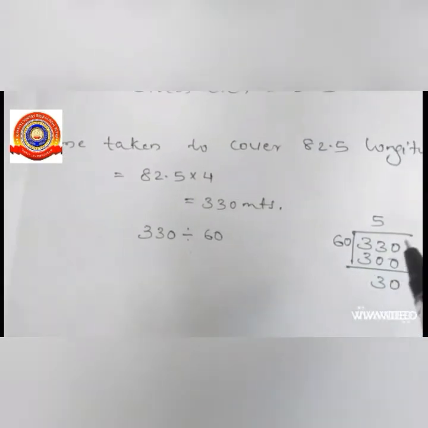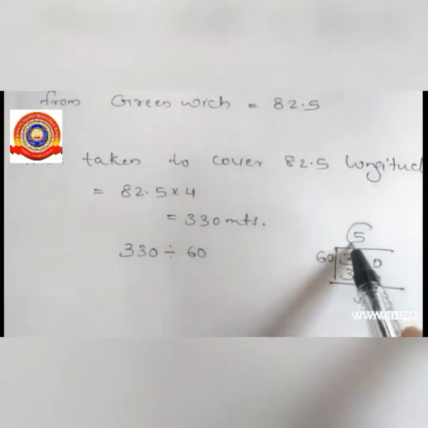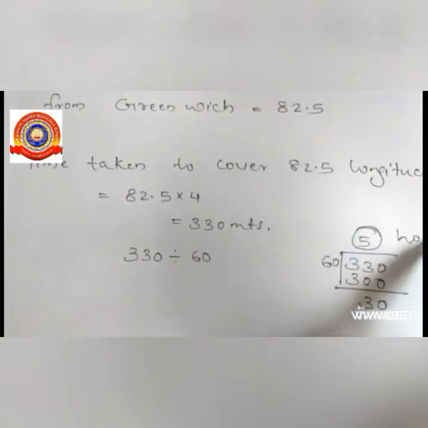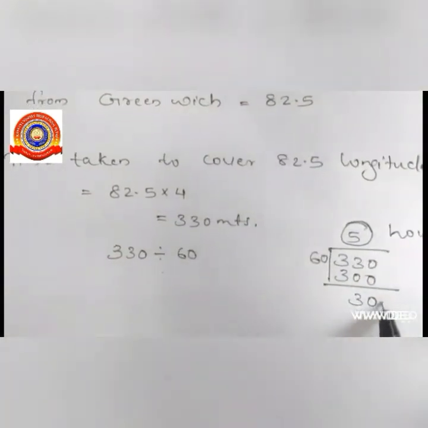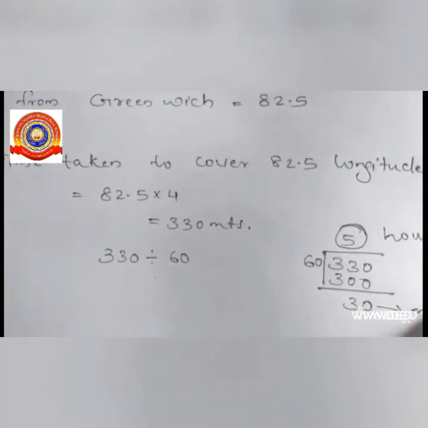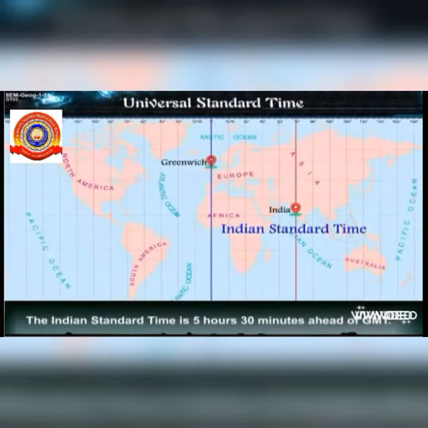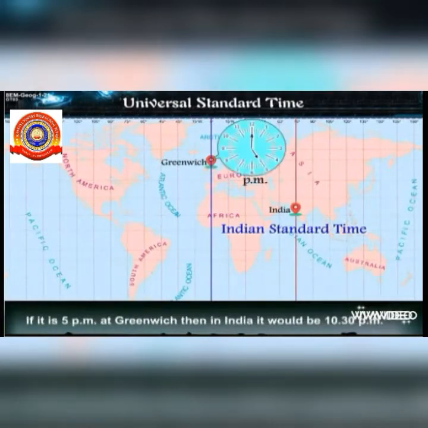That means India's standard time is 5 hours 30 minutes. So we can understand the Indian Standard Time is 5 hours 30 minutes ahead of GMT. If it is 5 p.m. at Greenwich, then in India it would be 10:30 p.m.